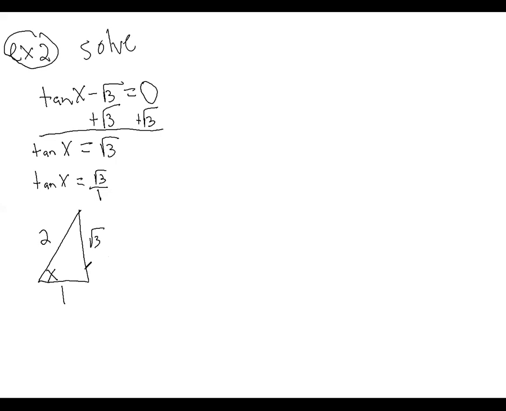This, of course, is our right angle. So by memorization, and I'm not going to flip back, we know that this would be 60 degrees, or in radians, pi over 3. So this time our angle in quadrant 1 is pi over 3.